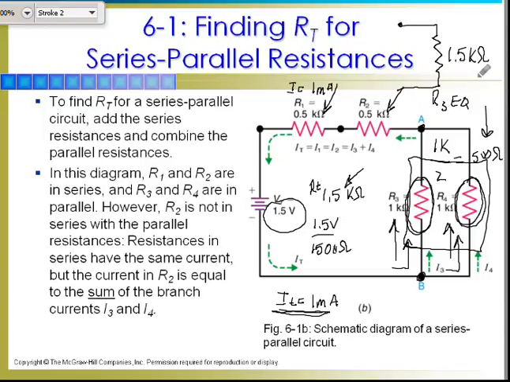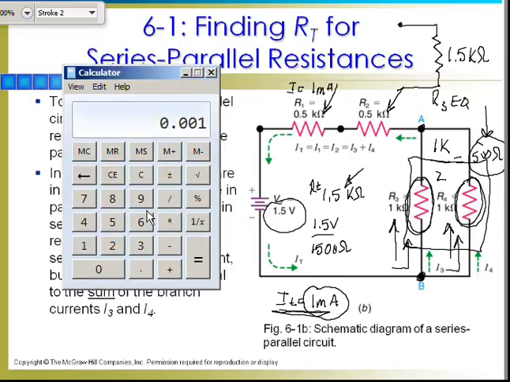At 500 ohms and a total current of 1 milliamp going through here, let me bring this guy back into the picture.